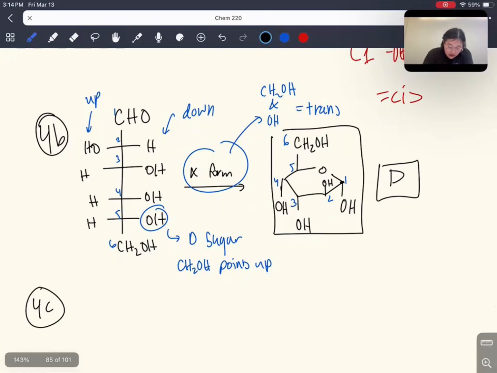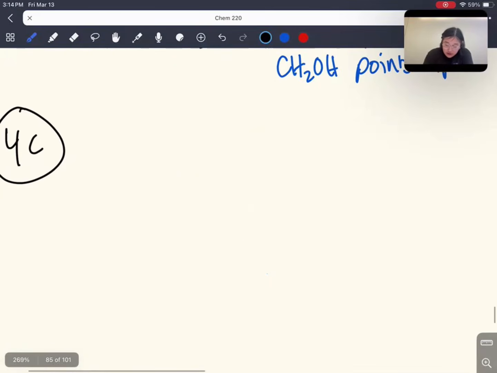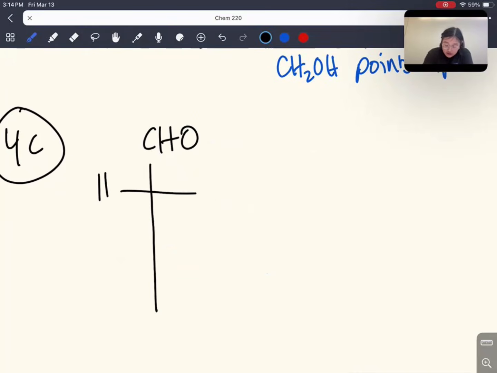So for C, I'm going to redraw the molecule here. So we have our CHO group on the top. Then we have 4 lines in the middle.